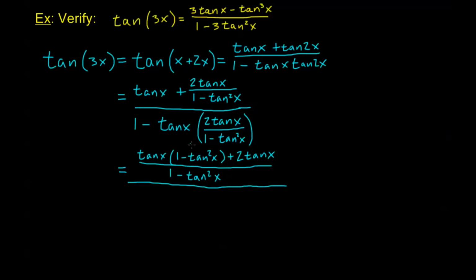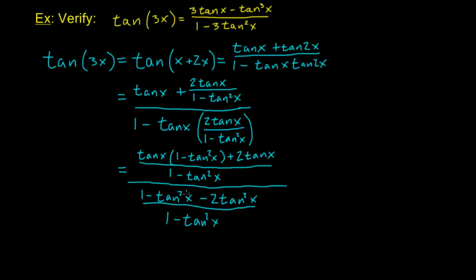Now in the denominator here, getting a common denominator, 1 is just 1 minus tangent squared over 1 minus tangent squared. So I have a 1 minus tangent squared x minus, and then this product here, 2 tangent squared x. And this down here is all over 1 minus tangent squared x.